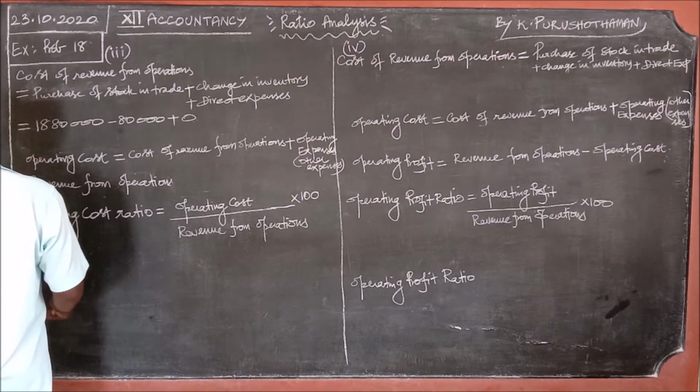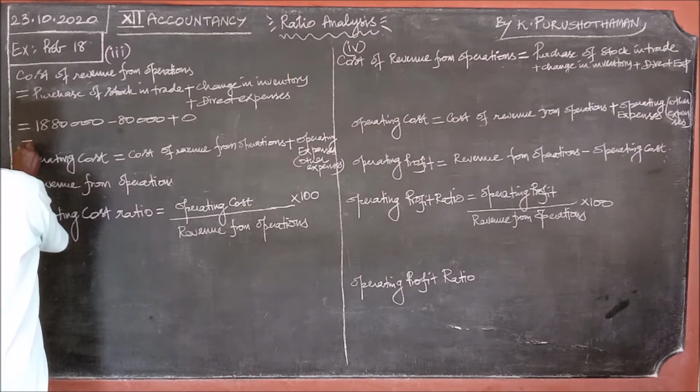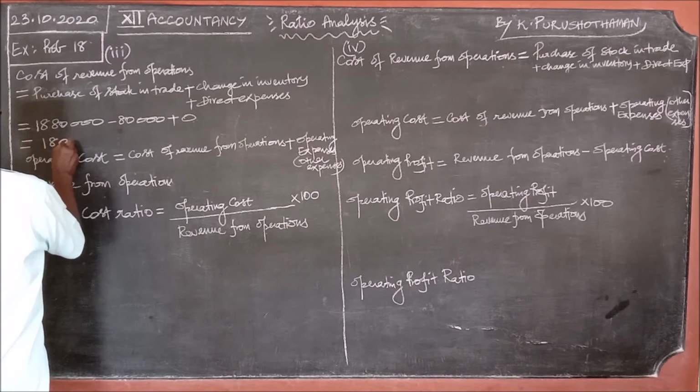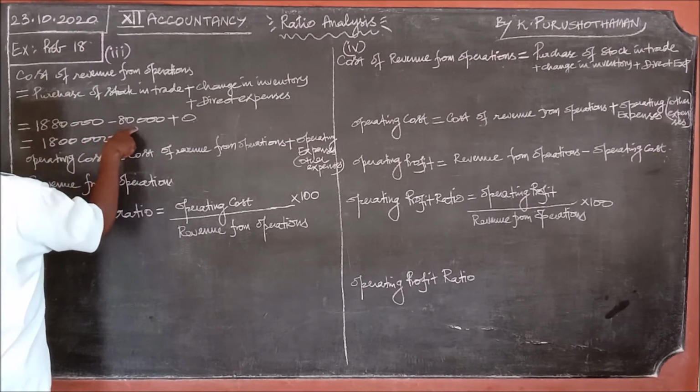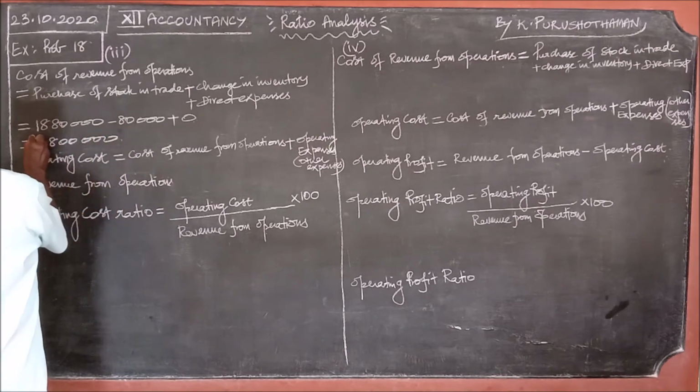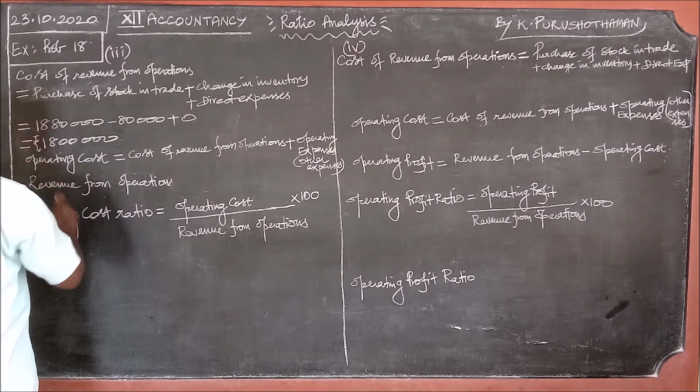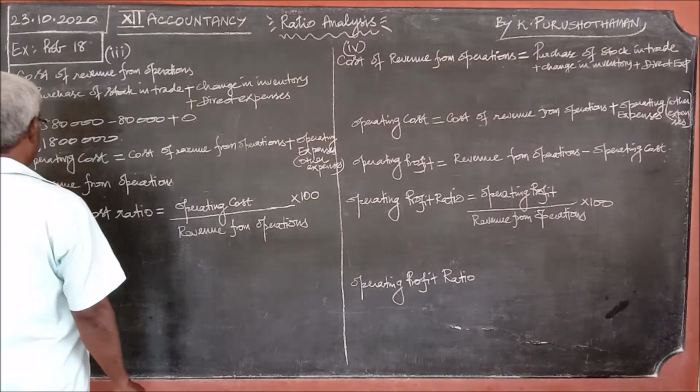That is equal to 18 lakhs. 18 lakhs 80,000 minus 80,000, 18 lakhs. This is the cost of revenue from operations.